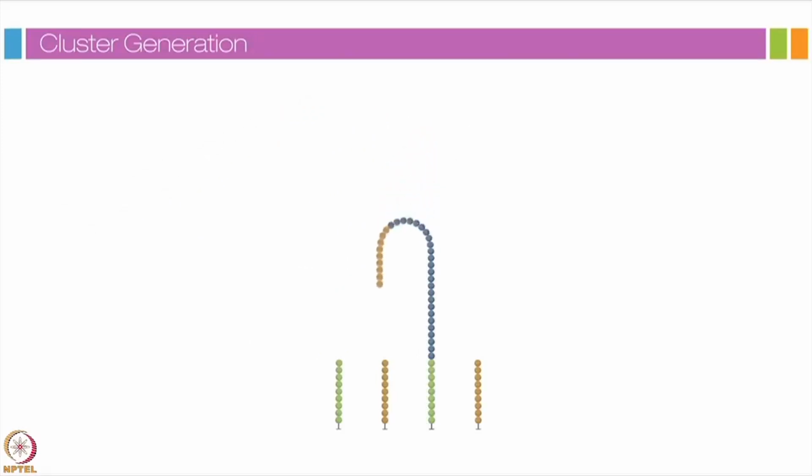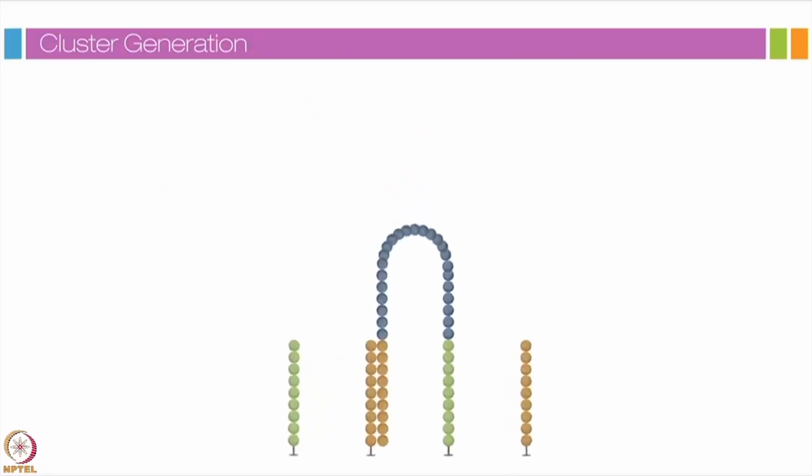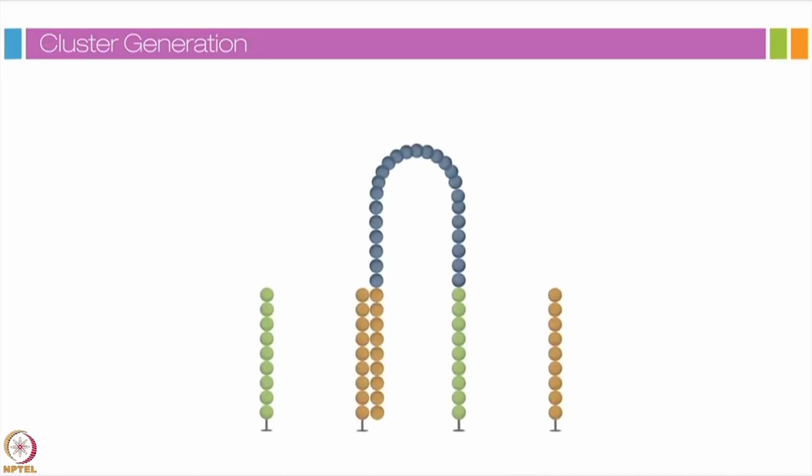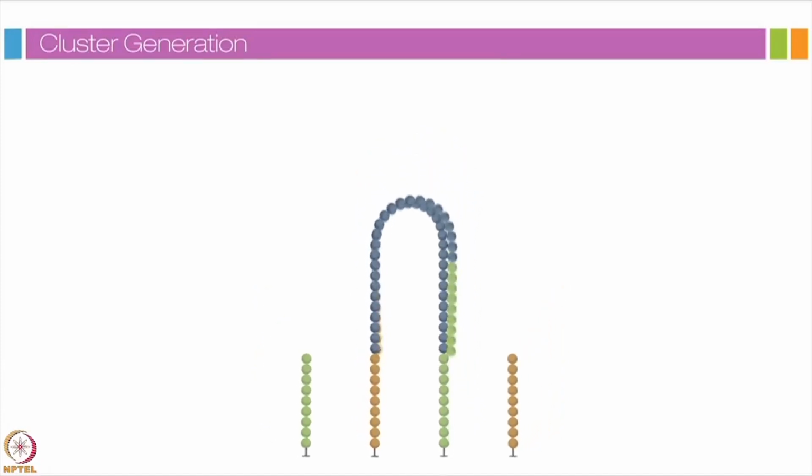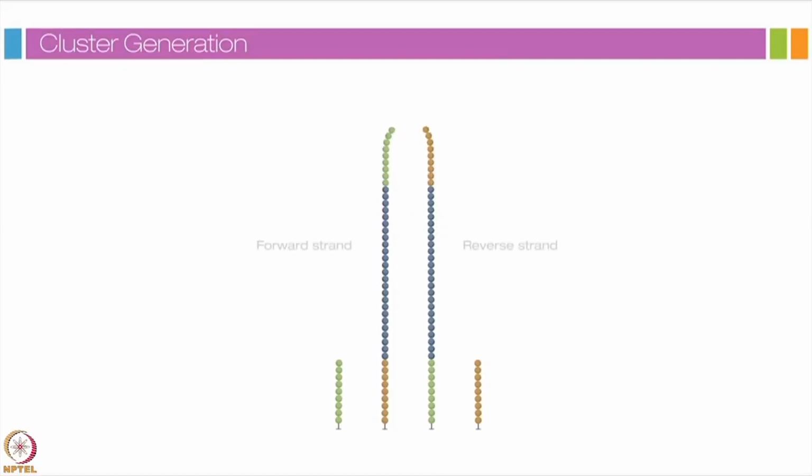The strands are clonally amplified through bridge amplification. In this process, the strand folds over and the adapter region hybridizes to the second type of oligo on the flow cell. Polymerases generate the complementary strand, forming a double-stranded bridge. This bridge is denatured, resulting in two single-stranded copies of the molecule that are tethered to the flow cell.